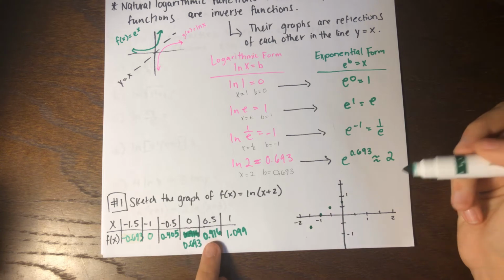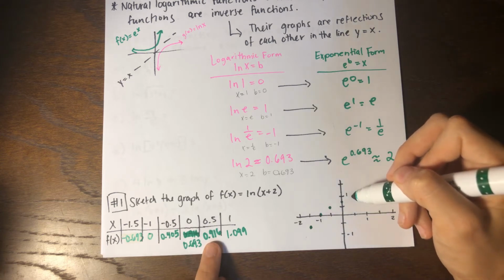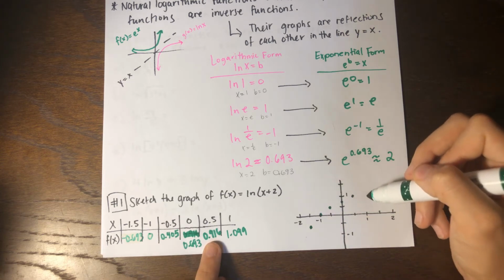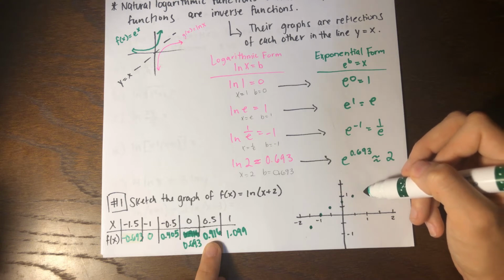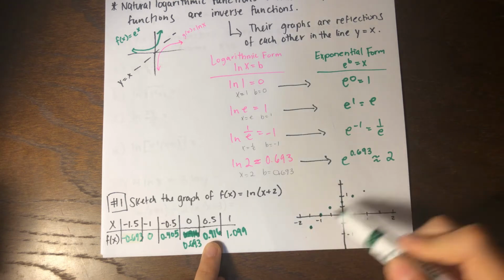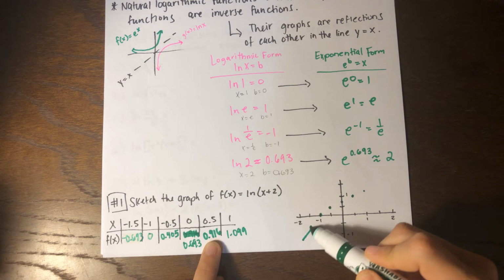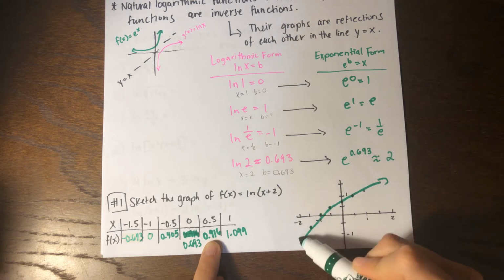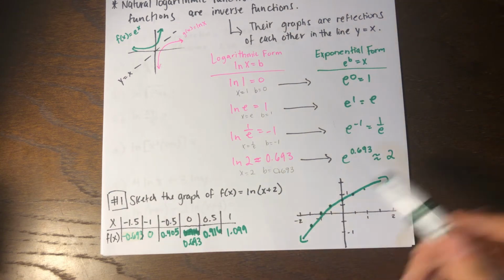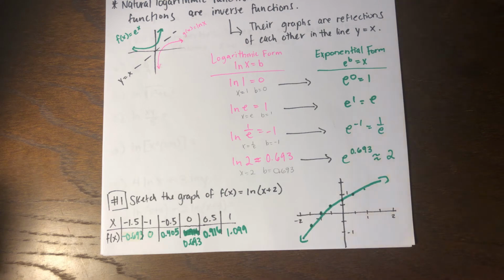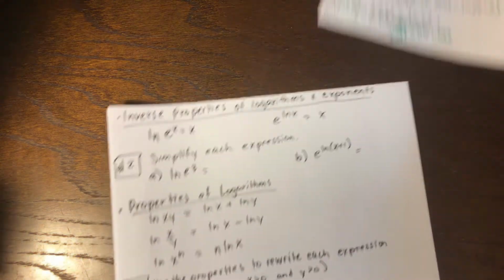And then at 0.5, we're at almost a 1. And then at 1, we're just above 1. So we have it going this way, and it would keep curving down and curving up that way. That's all you have to do for your sketch. Well, let's move on to the next piece.